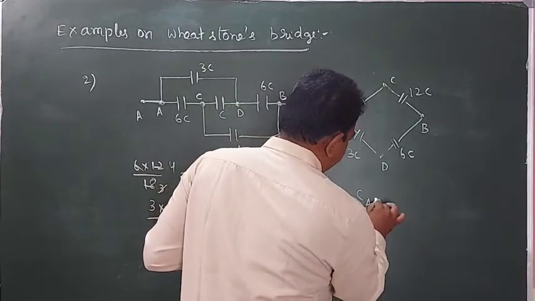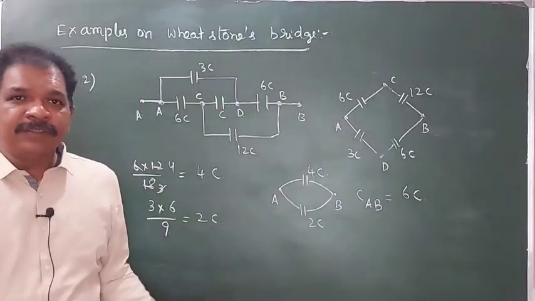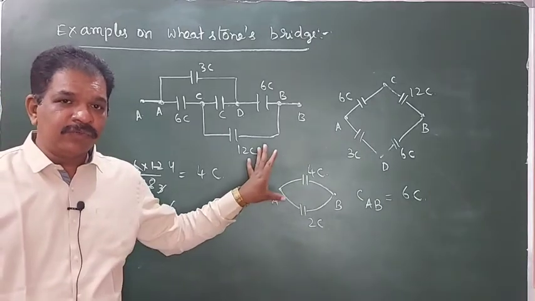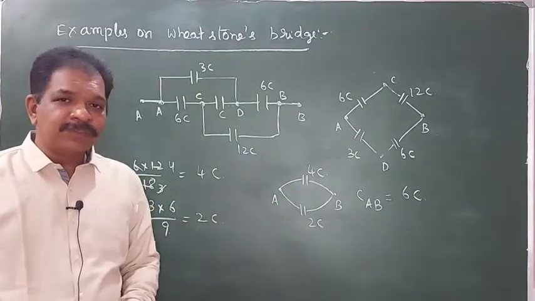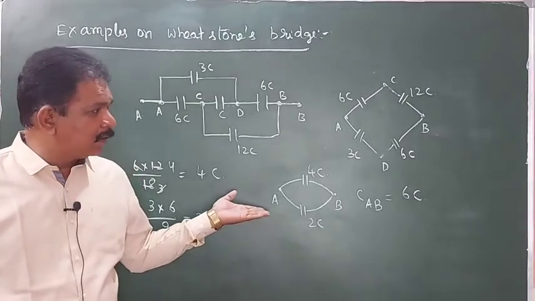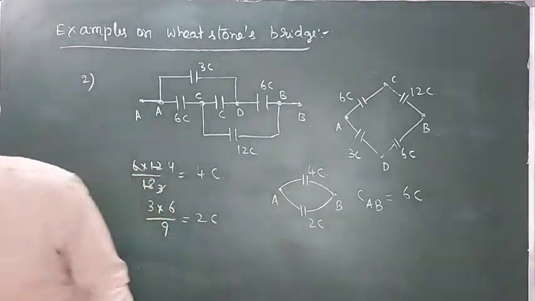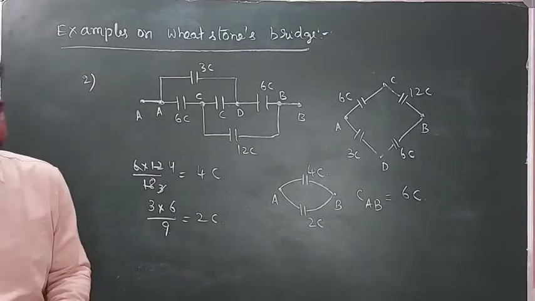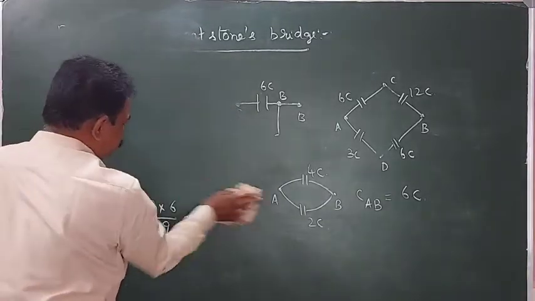Effective capacity will be 4C plus 2C, that means 6C. Clear? So in this manner, problems will be there on the Wheatstone bridge. We will do one more problem on this, examples on the Wheatstone bridge only.